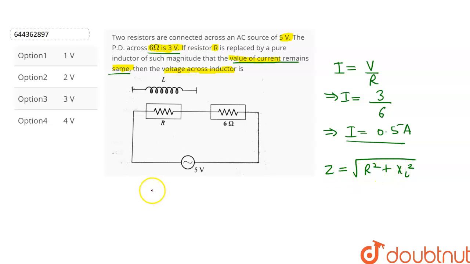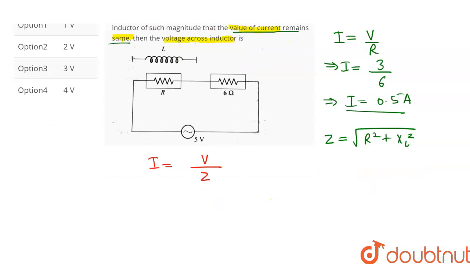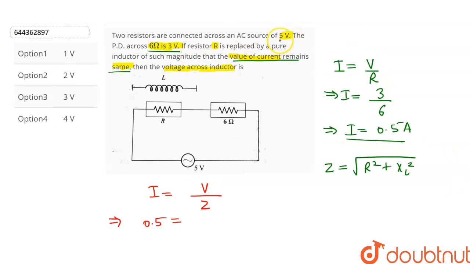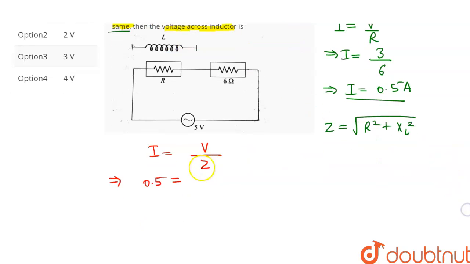And the formula for current will be I is equal to V upon Z. So let's find out the value of impedance of the circuit. This will give us current is 0.5 is equal to V, which is the voltage of source, and is equal to 5 volts. 5 divided by Z. After simplifying, we get Z is equal to 10 ohms.